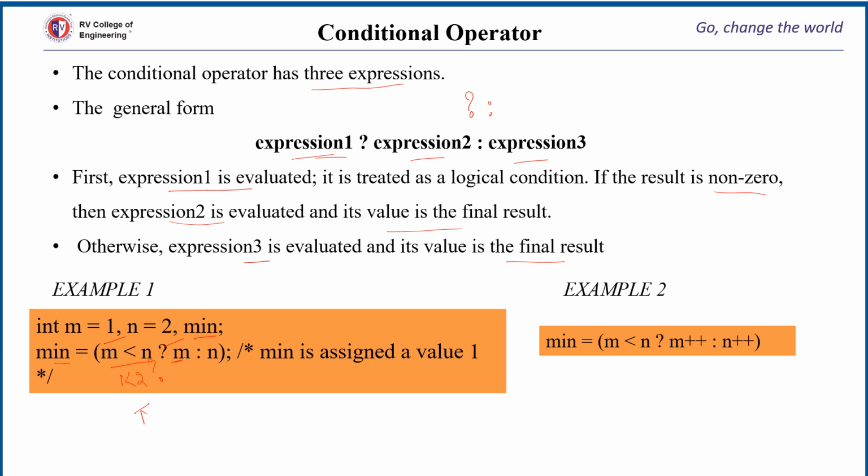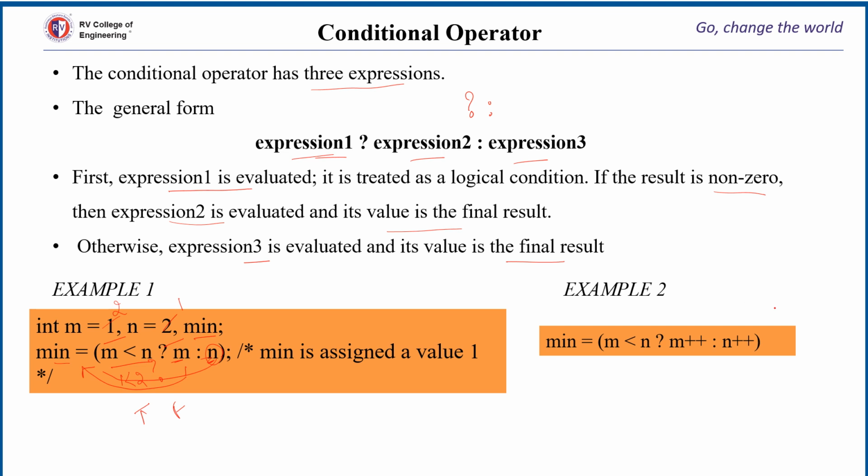So what is m? m is equal to 1, that will be assigned to your minimum. Now if it was something like this, 2 and 1, m is less than n, the condition is false, so n will be assigned to your minimum. This can again be an expression, it need not be a value.